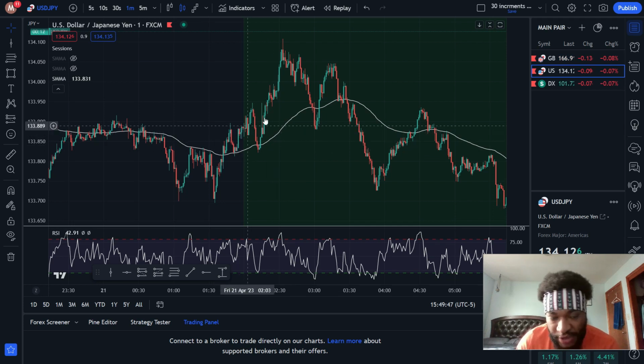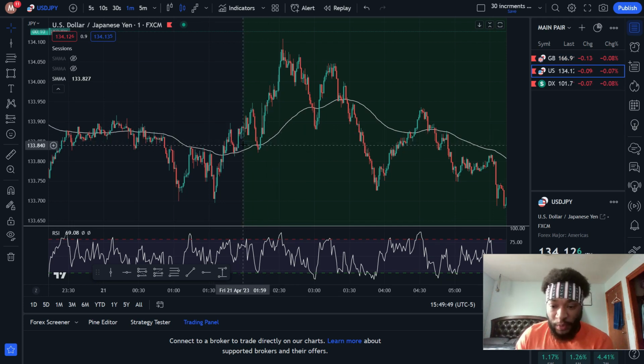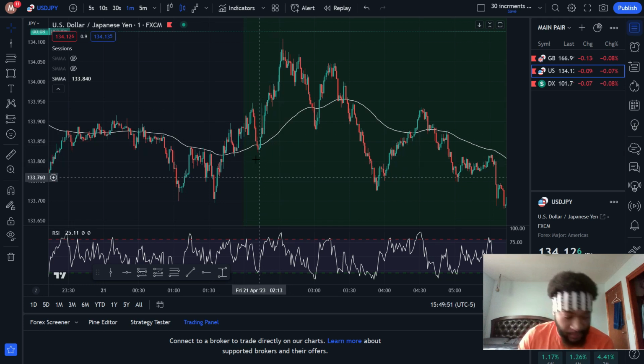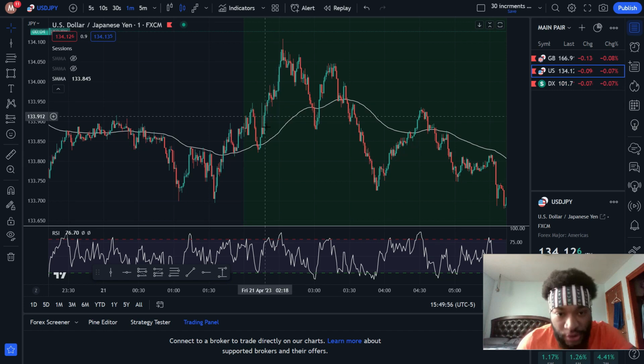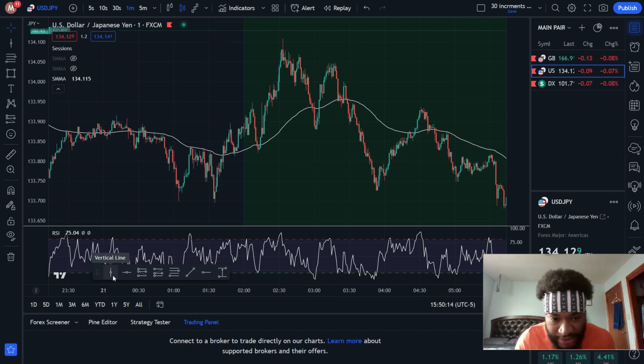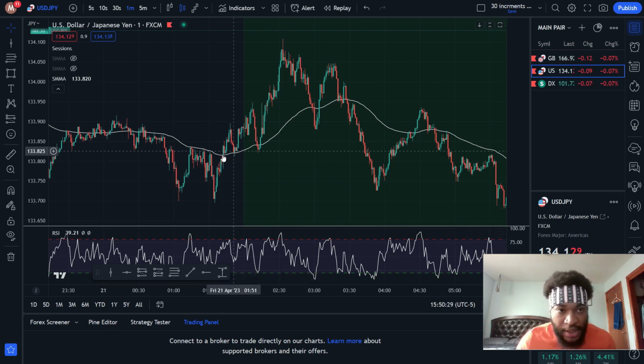So if price is trading above it, I want to trade with it, and if it's trading below it, I want to trade with it as well. How you would use the RSI, really you're looking at the RSI a little bit first. With the RSI, if it gets to this area right here in the red zone, that means we're looking for sells. And if it's on the bottom, we're looking for buy opportunities.